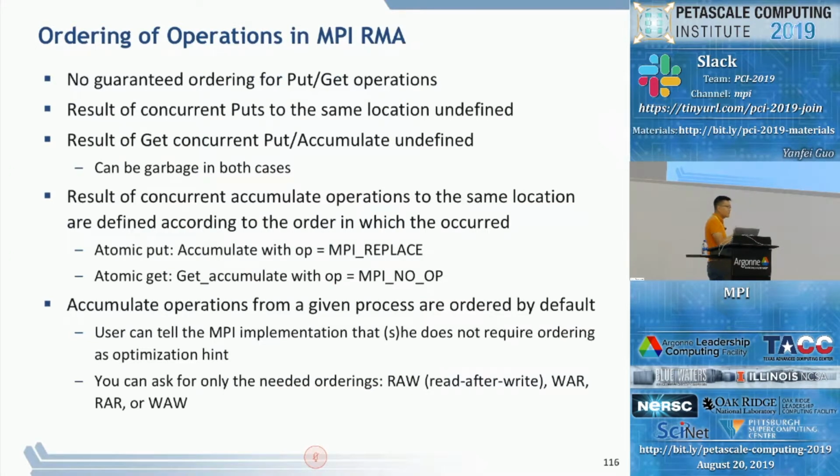So the rule of thumb is, when you write your program, always try to give this hint. There's practically no downside, because by hinting, you're basically saying this is a feature I don't care about. If the library can optimize on it, you get a performance boost.